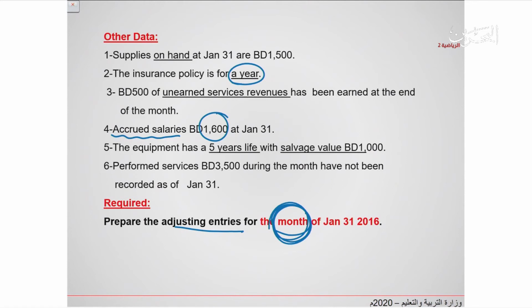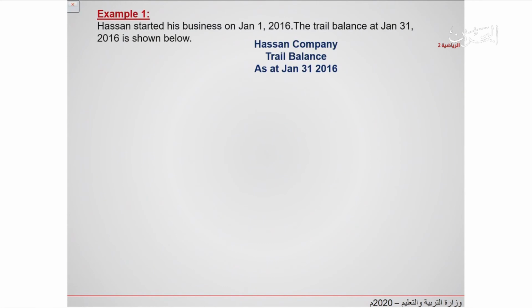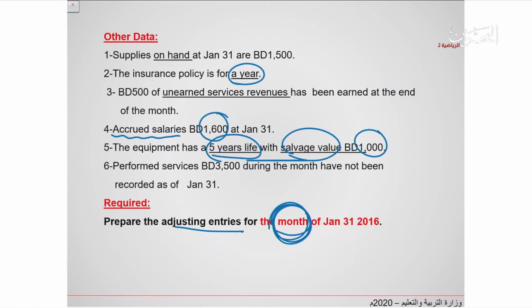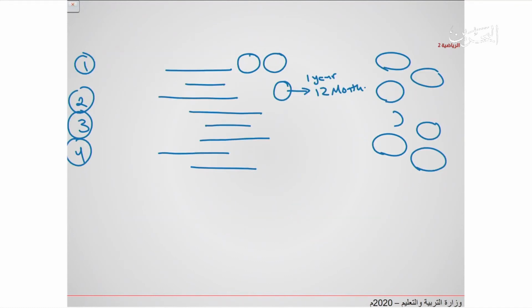The equipment has a 5 years life and salvage value is 1,000. So go back to the straight line you have mentioned for the rules. For the equipment, I will take the amount for the equipment, 25,000, and subtract the salvage value 1,000, over 5 years.